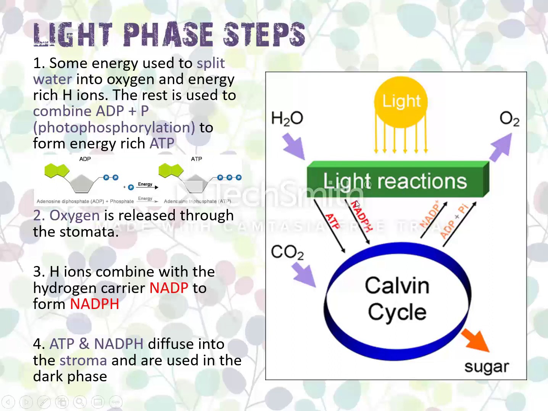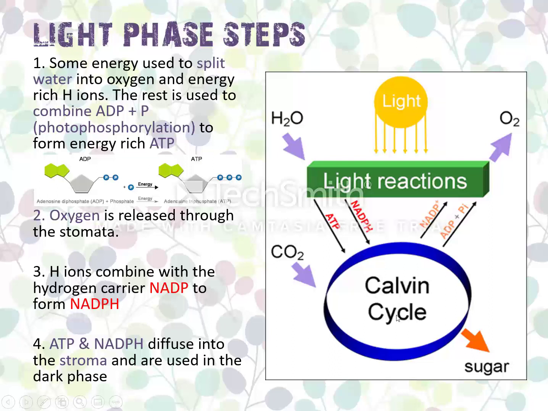The hydrogen ions bond with NADP to be carried. We also use some of that energy from the light phase, from the radiant energy, to make ATP. So ATP and NADPH are products of the light phase that are going to be used in the dark phase.